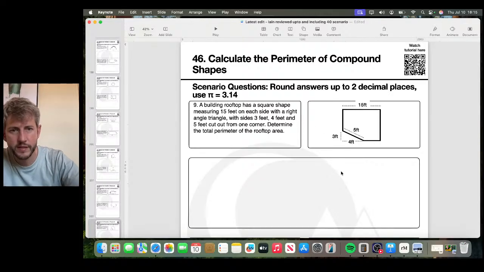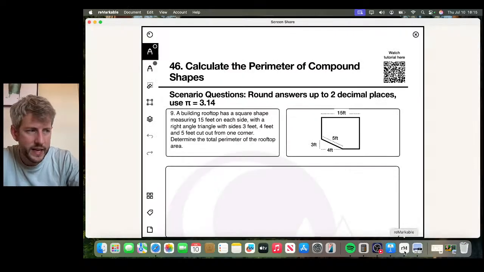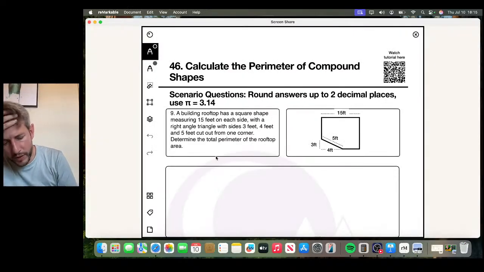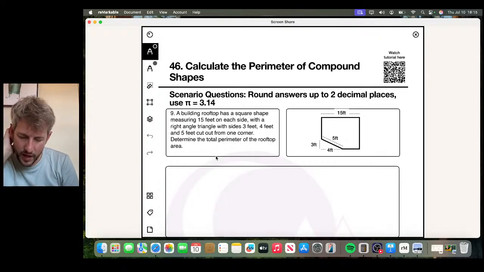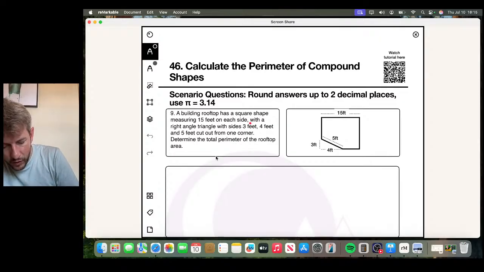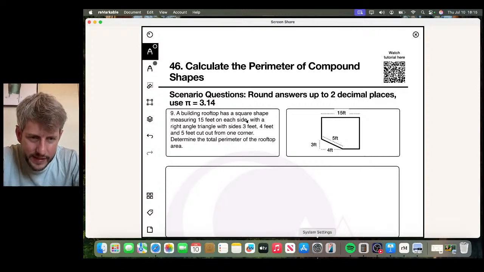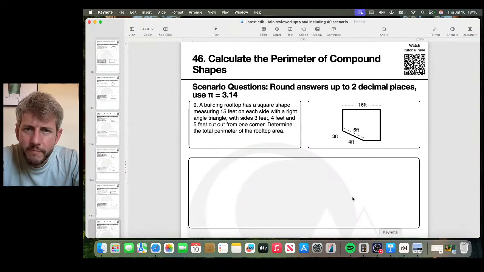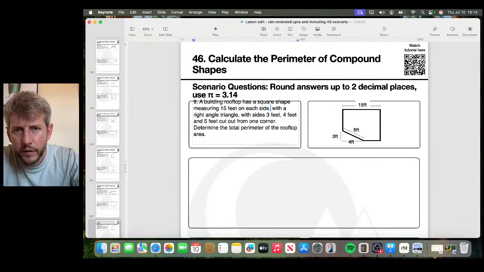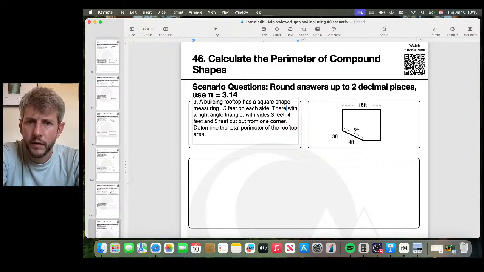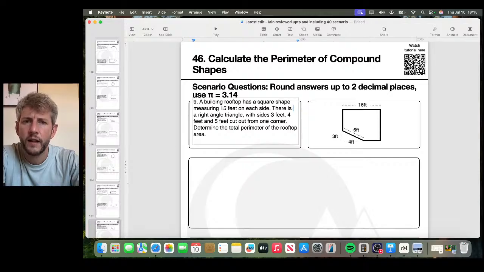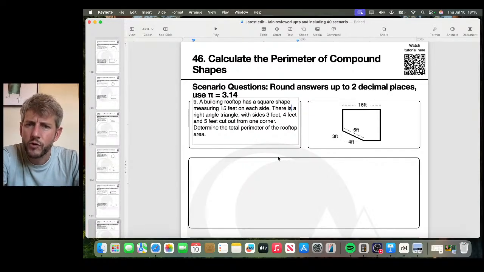Okay, so let's go back and work this out.